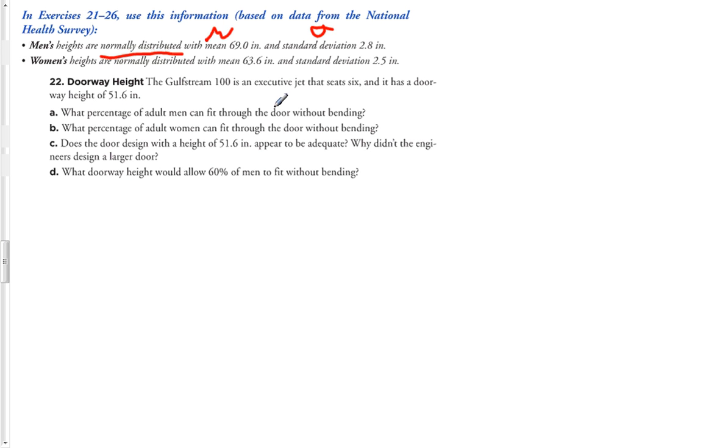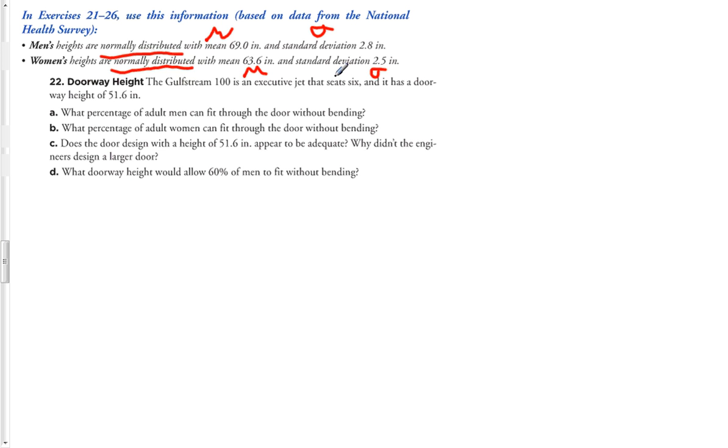Women's heights are also normally distributed, but with a different mean: 63.6, and the standard deviation for women is 2.5. So women are generally shorter, and their heights vary a little less. They're closer in height. All right, so let's look at number 22.